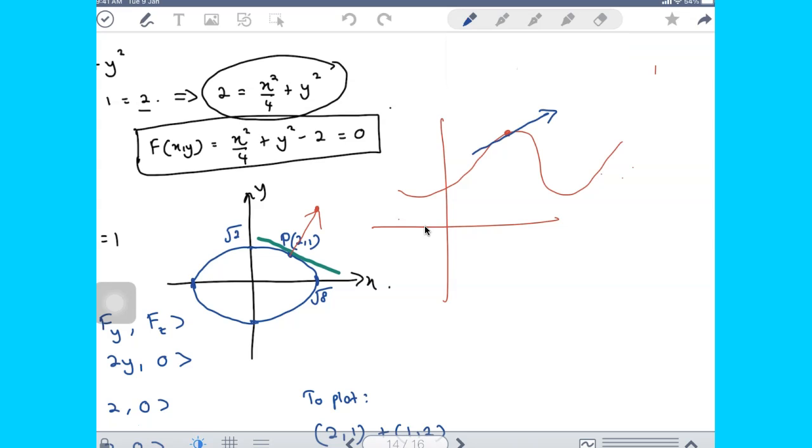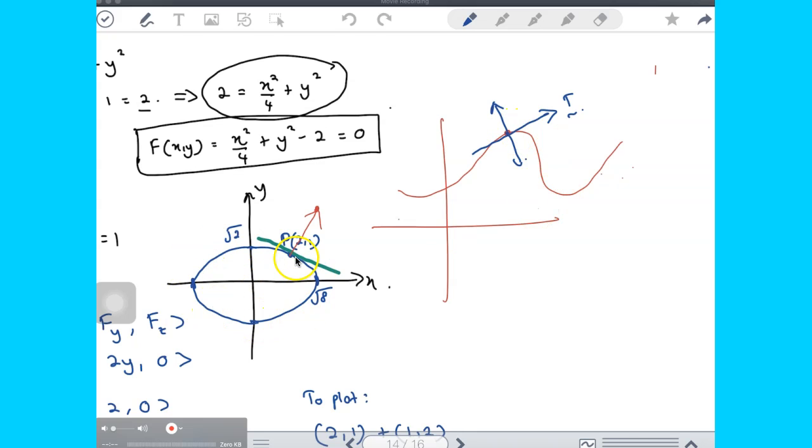So this is T. You might wonder where your N should be, whether that way or inside here. We said that the unit normal vector N always points inside the curve, because this is an open curve.